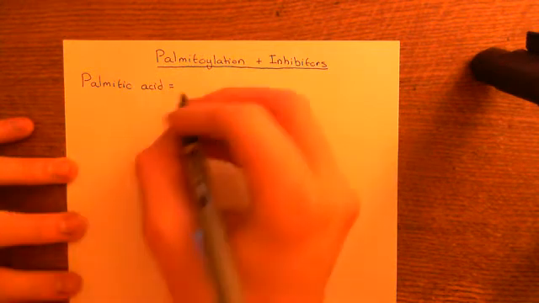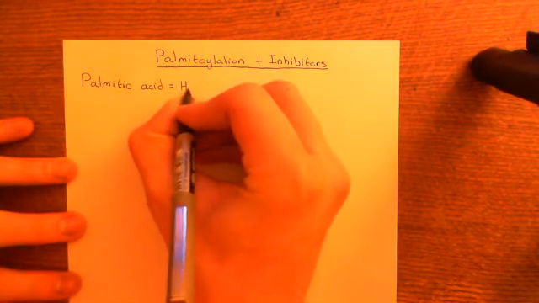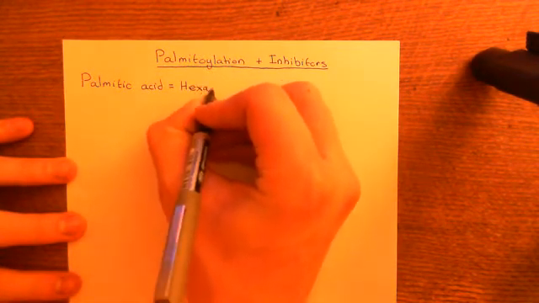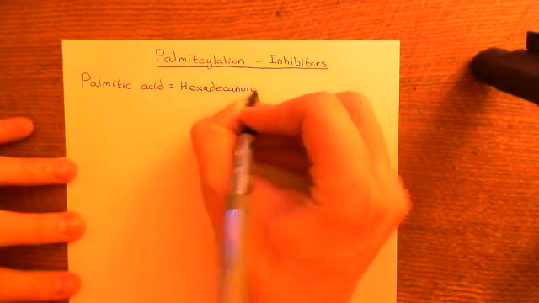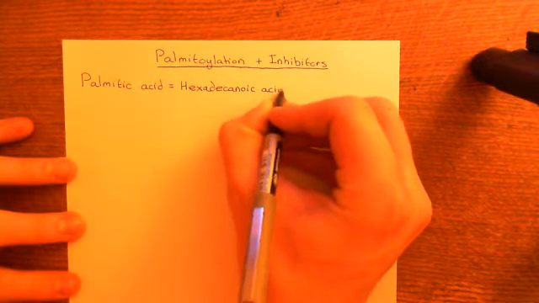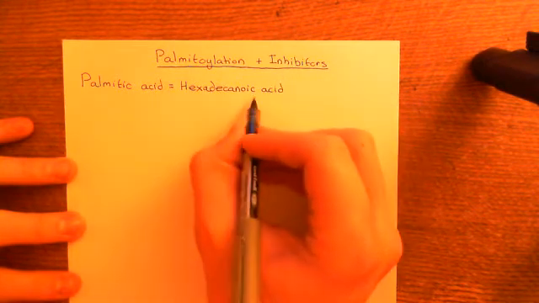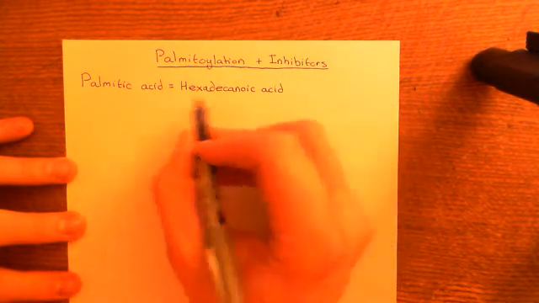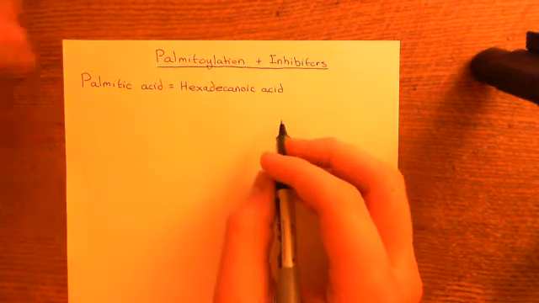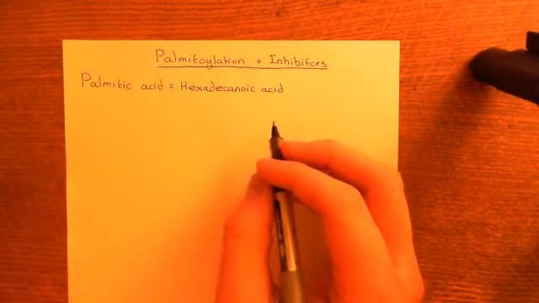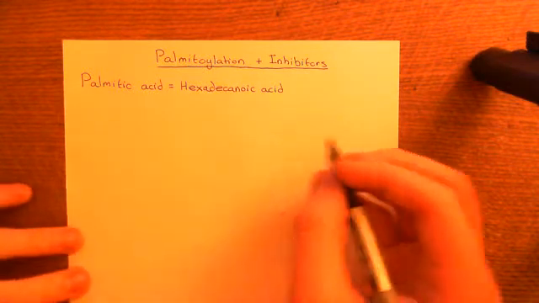Its more correct name is hexadecanoic acid. Although hexadecanoic acid is slightly more of a mouthful, it's useful because it tells you exactly what you're dealing with, whereas palmitic acid doesn't really give you any information at all. Hexadecanoic acid tells you that you're dealing with a 16-carbon carboxylic acid.